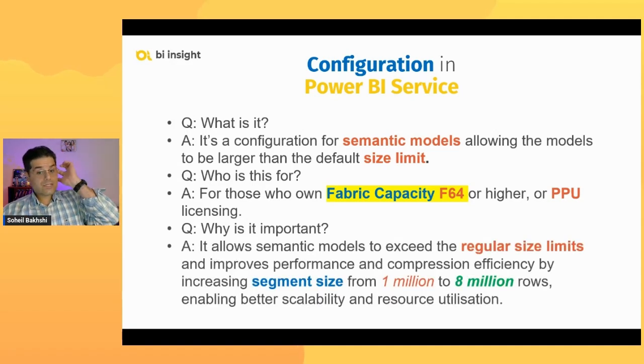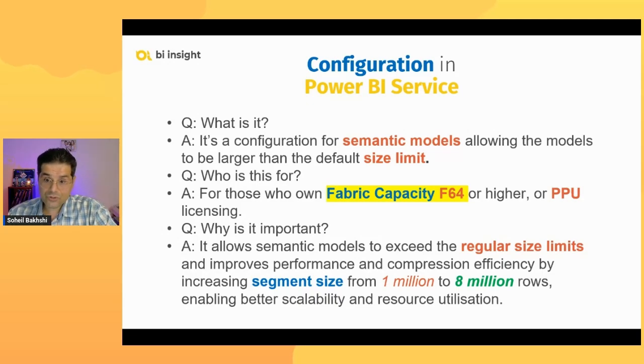It is because, as I mentioned, it allows semantic models to exceed the regular size limits. Remember, at the beginning, I mentioned that different licensing have different limitations on semantic model size, and that is the regular size limit that I'm referring to. And it improves the performance by more efficiently compressing the data, and the segment size increases from 1 million rows to 8 million rows.